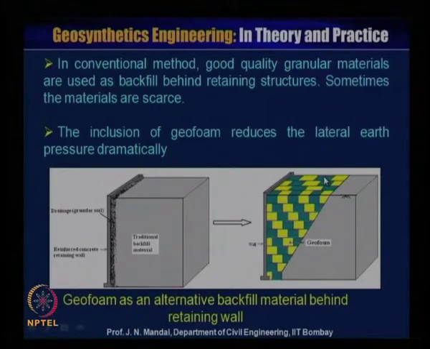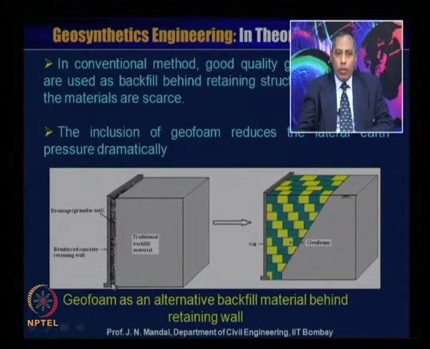What do we do in the conventional method? Good quality granular material is used as backfill behind the retaining structure. Sometimes the material is costly and expensive. Inclusion of geofoam reduces the lateral pressure dramatically. You can see here, this is the retaining wall, and you are providing some drainage material here.